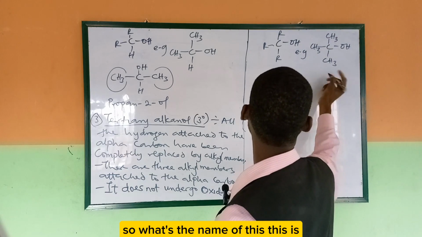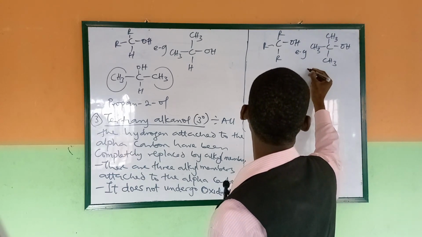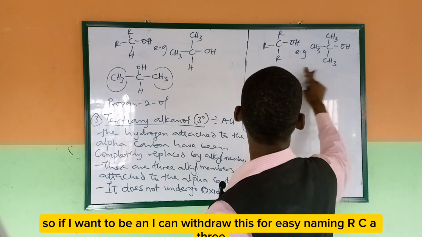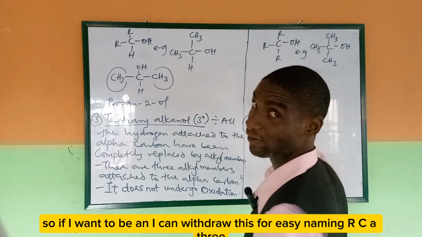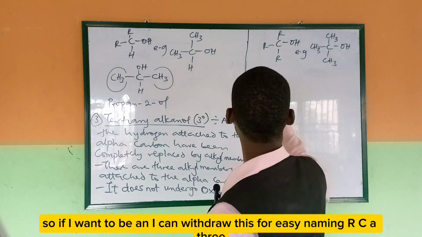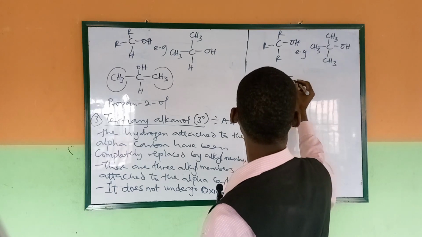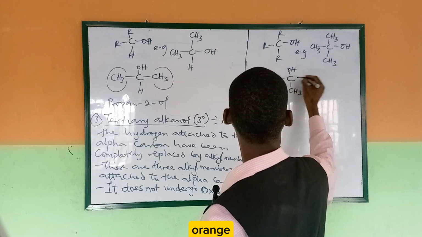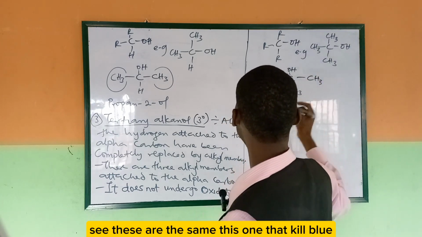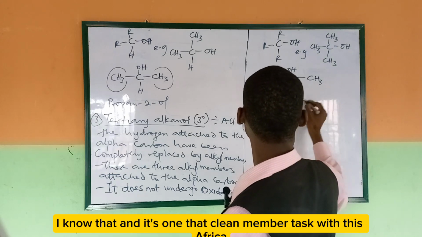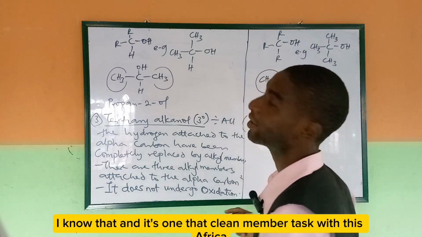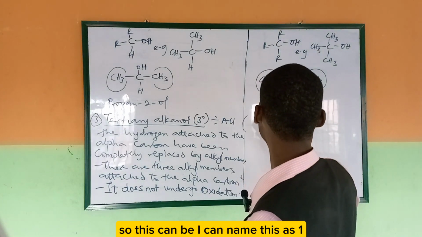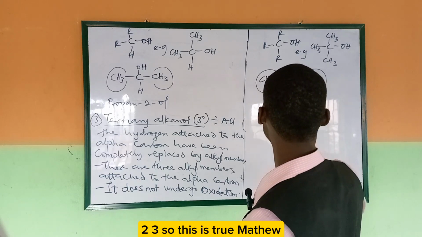So what's the name of this? If I want, I can redraw this for easy naming. I have CH3, C, CH3, OH, CH3. These are the same. This is one alkyl group, another, and the third alkyl member attached to the alpha carbon. I can name this as 1, 2, 3.